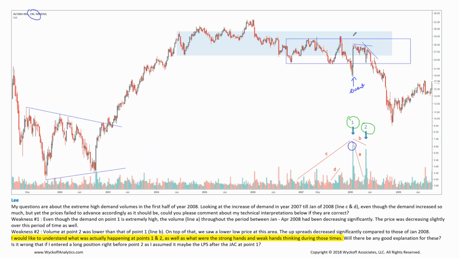And the biggest question that actually Lee is asking here, somewhere in the description, he's saying that so much movement to the upside, so much effort, yet what do we do? What is the final result? And to understand the final result, we need to understand the original intent or intention behind this move.